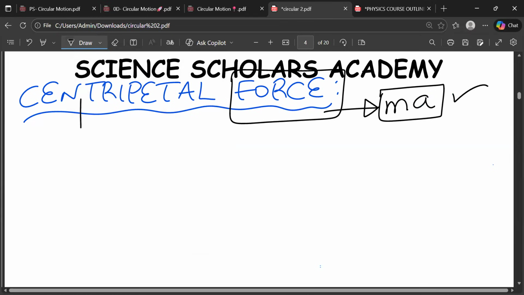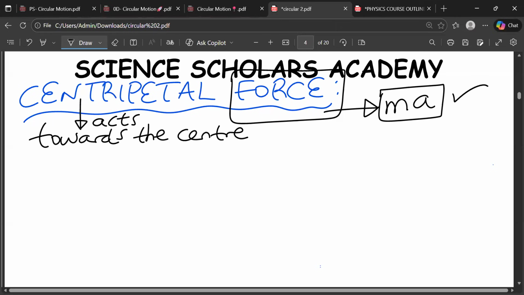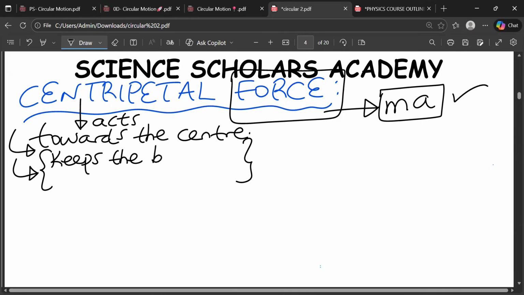Then by centripetal, we are simply meaning that force that is trying to act towards the what? Towards the center. And by acting towards the center, I told you that means keeping something in circular motion. It keeps the body in a circular path.